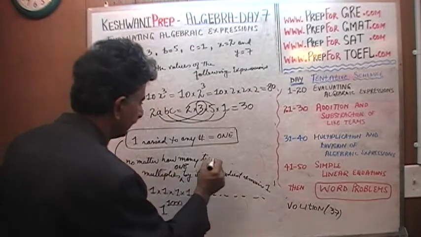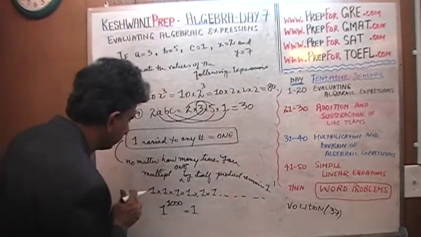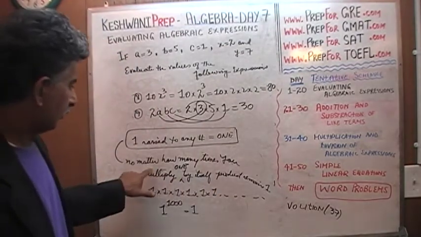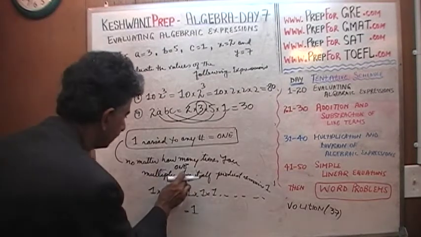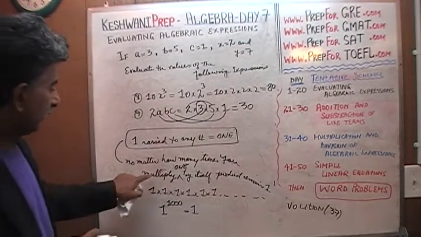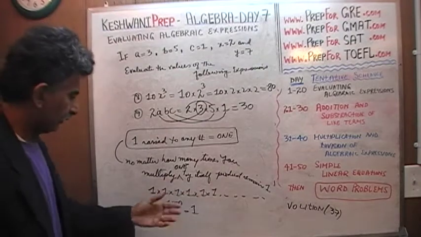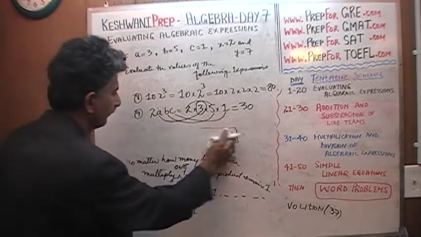No matter how many times you multiply 1 by itself, the product remains 1, which is what I'm showing here. 1 raised to any number equals 1.